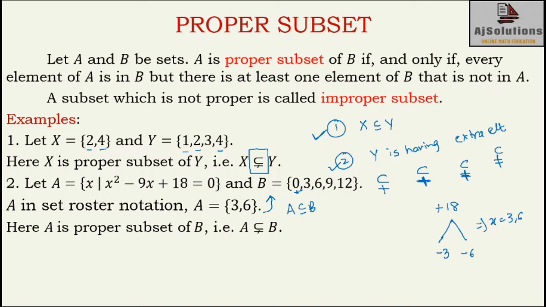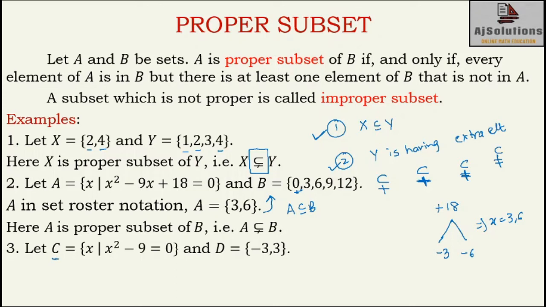Okay, so let's see one example of an improper subset. When can we say a subset is improper? To say a subset is improper means we should have a subset, and number 2, that subset should not be proper. So I have a set C over here, you can see in set builder form.